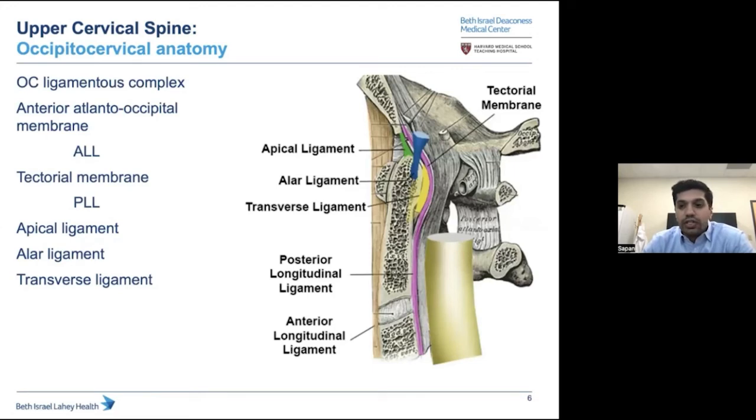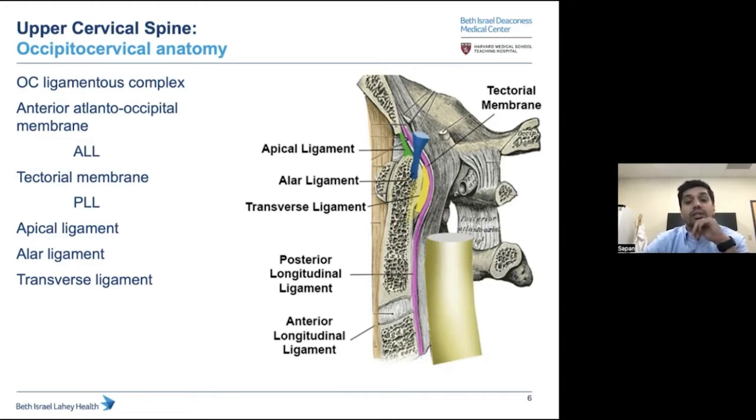So switching gears from the bony anatomy to the ligamentous anatomy, the occipital cervical ligamentous complex is pretty interesting because it allows that area to be very stable, but allows for a ton of motion.